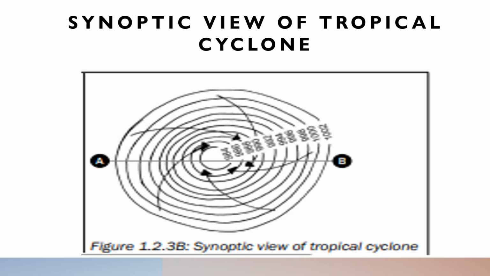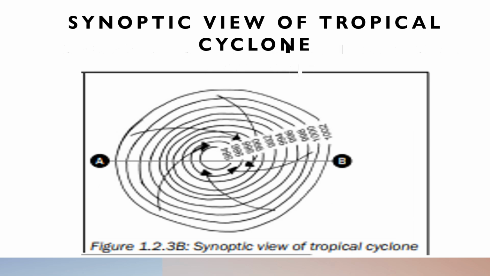The wind flows toward the center of the system, the tropical cyclone. As you can notice here, the pressure is decreasing toward the center of the system, and at the center of the system there is an eye. It's a very calm area that is called an eye.